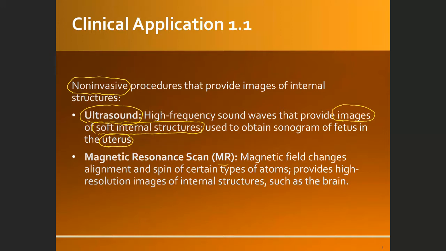This uses a magnetic field, and it will also give images of the internal structure, for example of the brain. So usually we use the MRI scan also for looking at whether there is a kidney stone or not in the kidney.